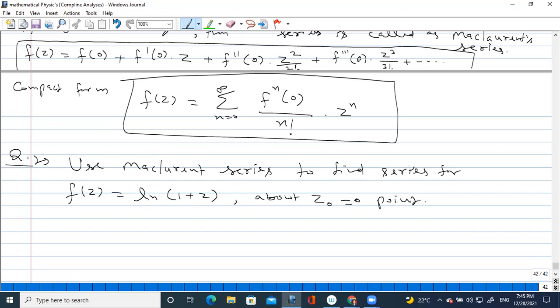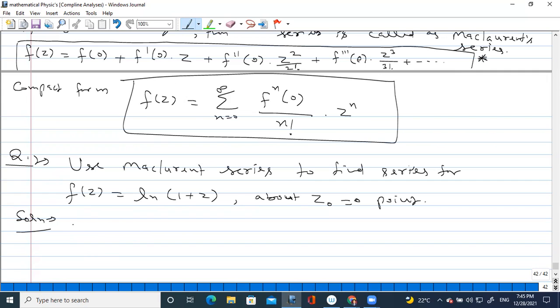Okay, so I want to know the series of ln(1 plus z). Whatever series you want to know, just follow this equation. So this equation is directly very important. For the compact form also you can remember.